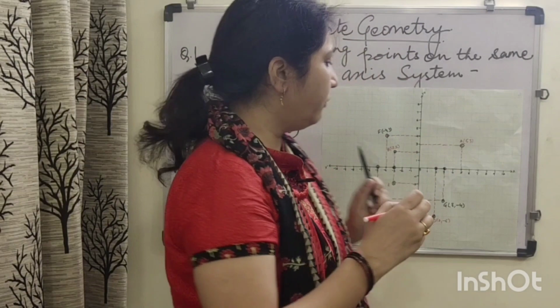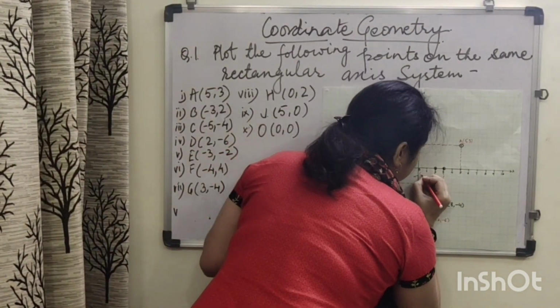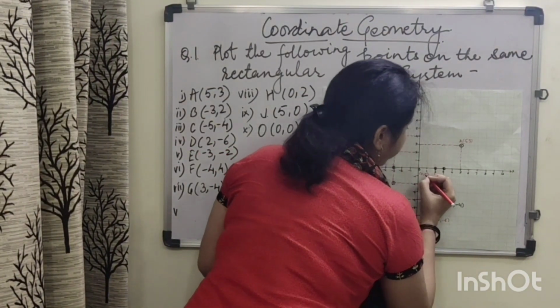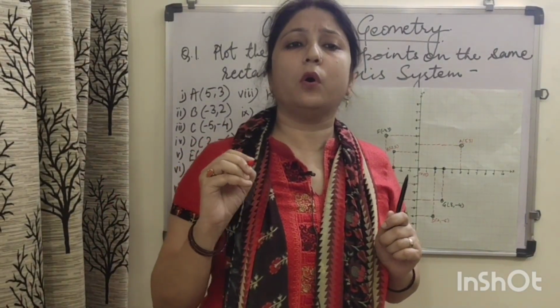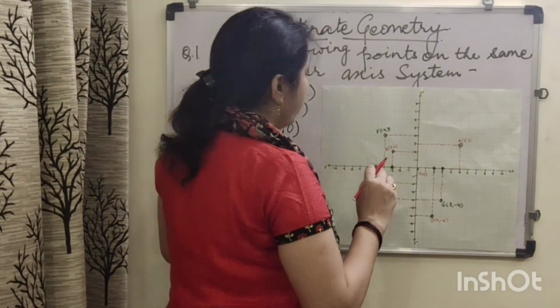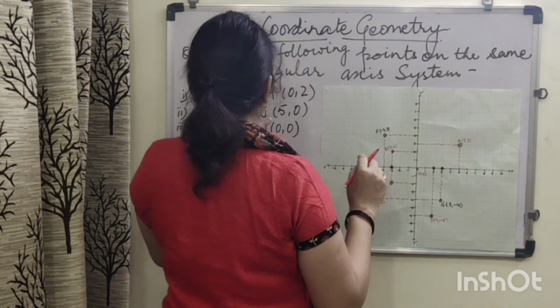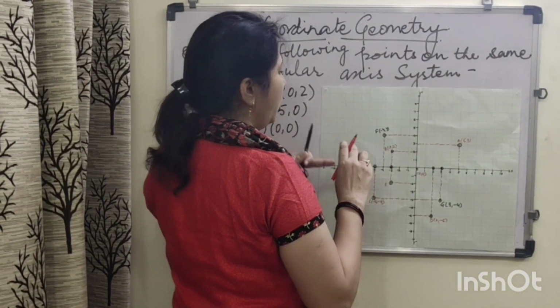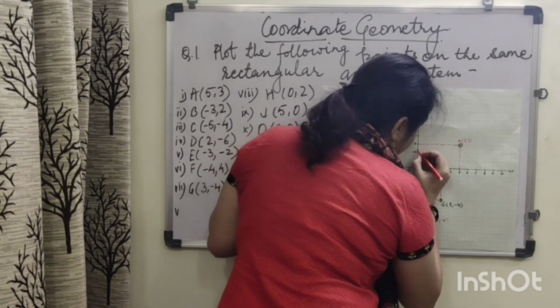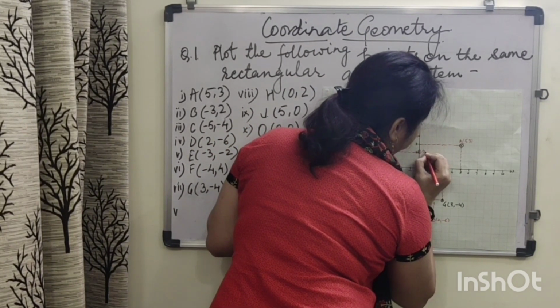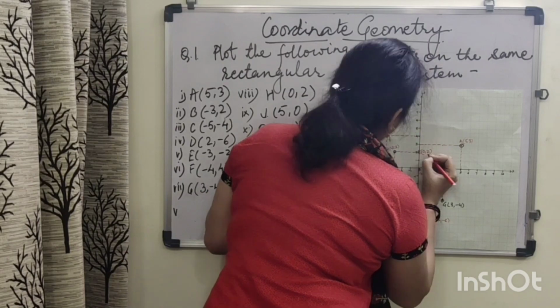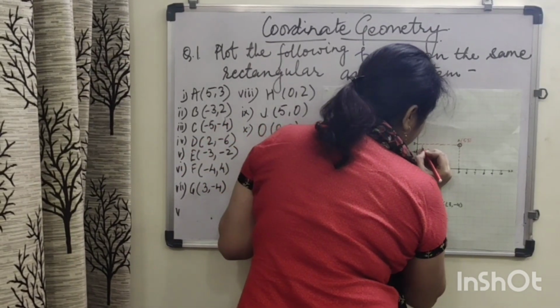The coordinates of origin are 0 comma 0. Origin O has the coordinate 0 comma 0. From here your next value, y value, is 2. You move to y, that is 2 over here. This is your point 0 comma 2 and its name is H.